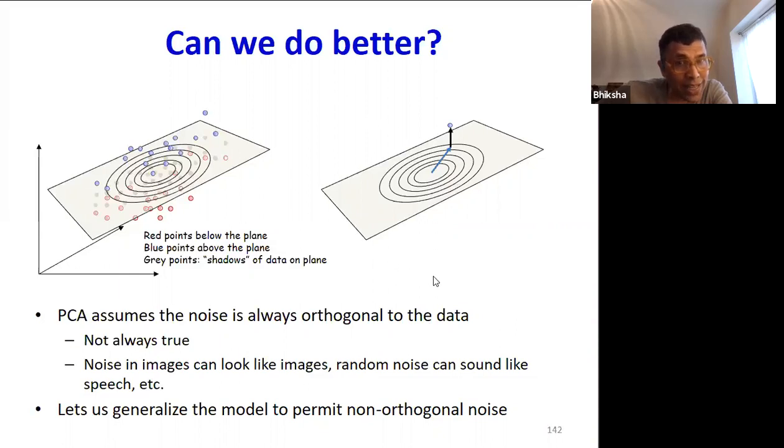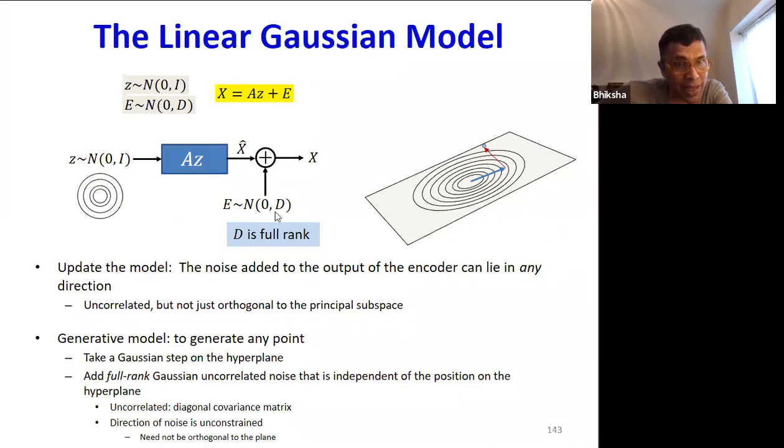So I can generalize PCA by saying that when I add noise to this linearly transformed Z, this noise is no longer required to be at 90 degrees to the subspace, but the noise can be full rank. It can be in any direction.